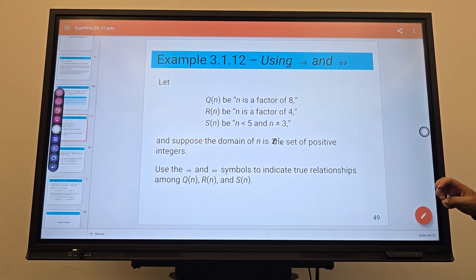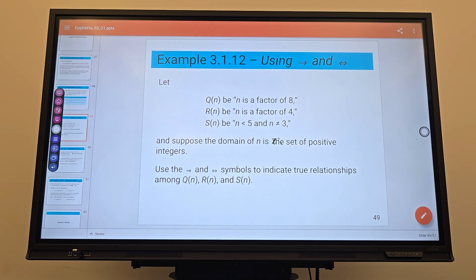So let these predicates be defined. Suppose the domain of n is the positive integers. Use the symbols to indicate the relationships among Q of n, R of n, and S of n.